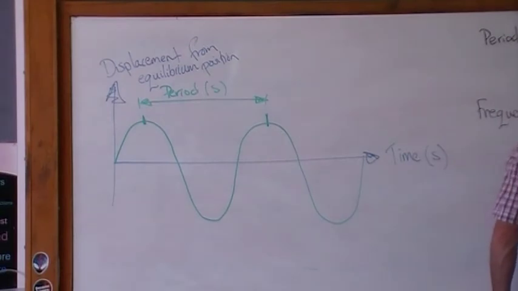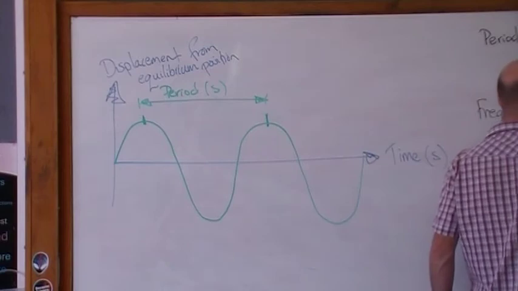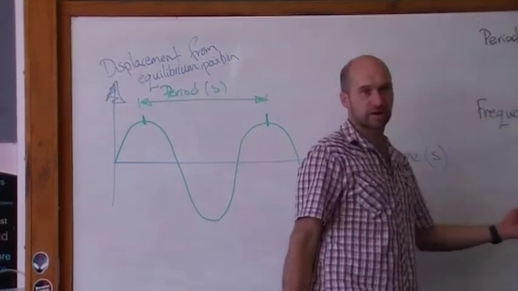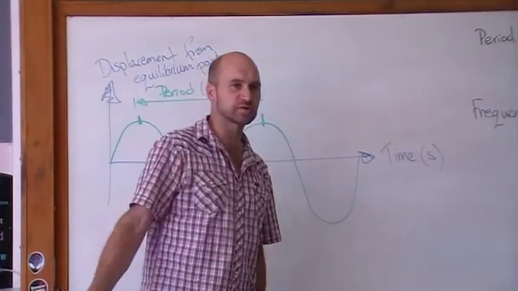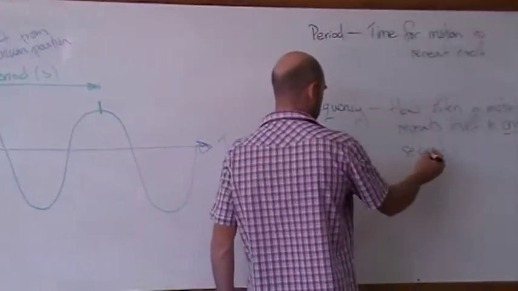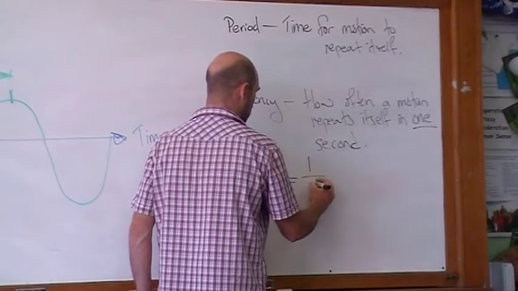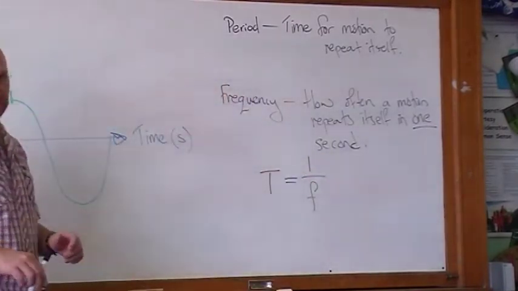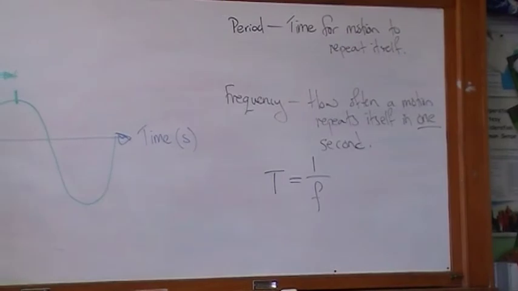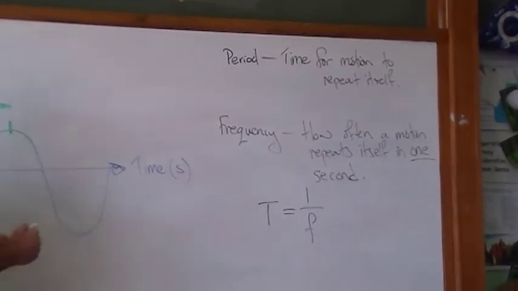They are very closely linked. They're so closely linked that you'll see on your formula sheet that T is equal to 1 over f. Period is equal to 1 divided by frequency.